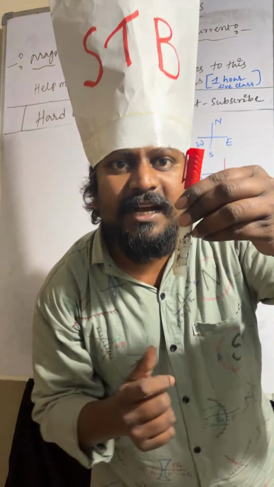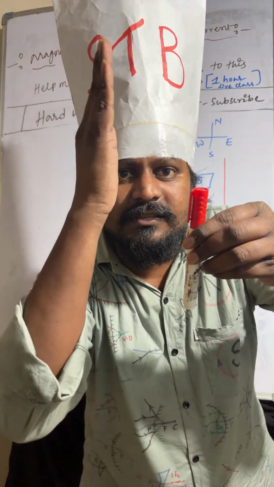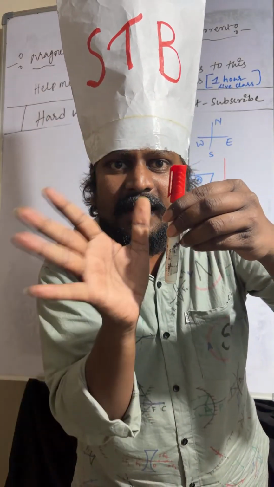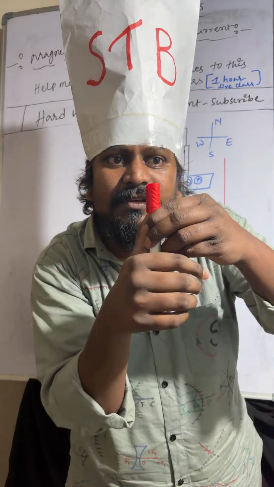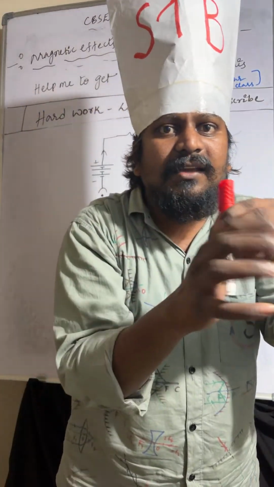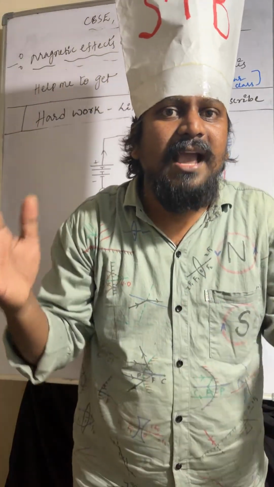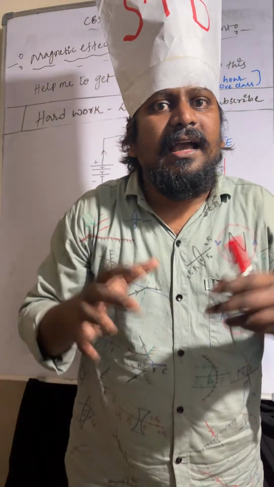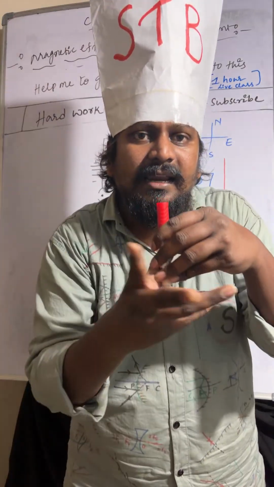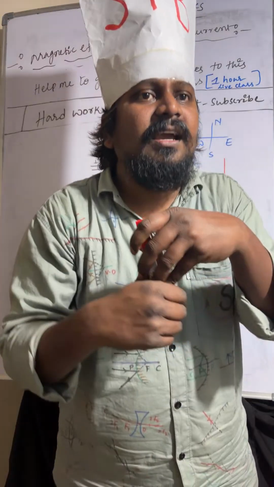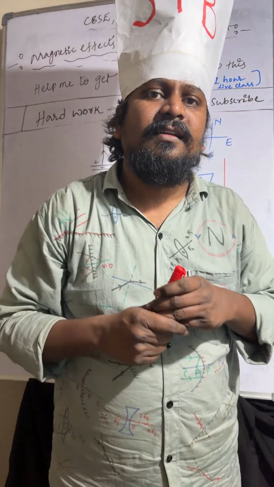If the current is passing from south to north, the curly, folding fingers represent the magnetic field around the current carrying conductor.